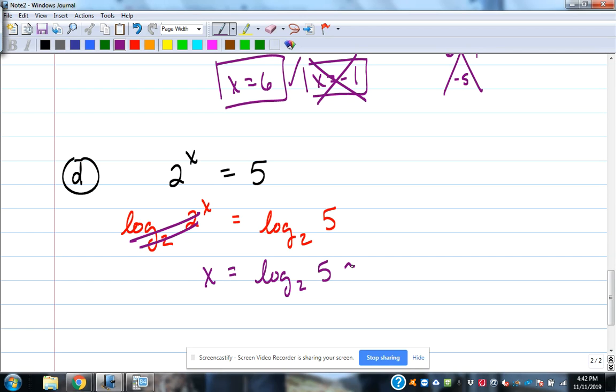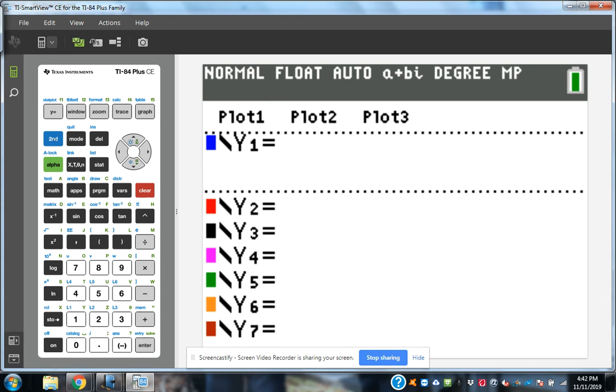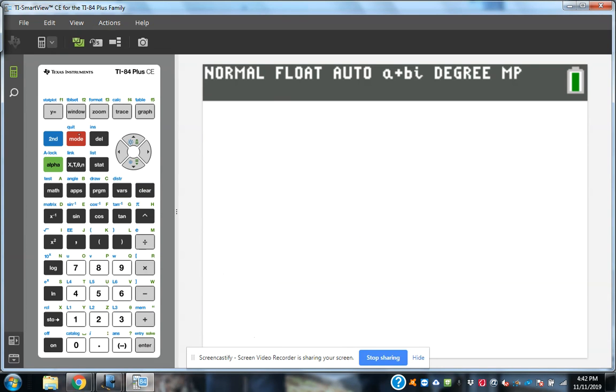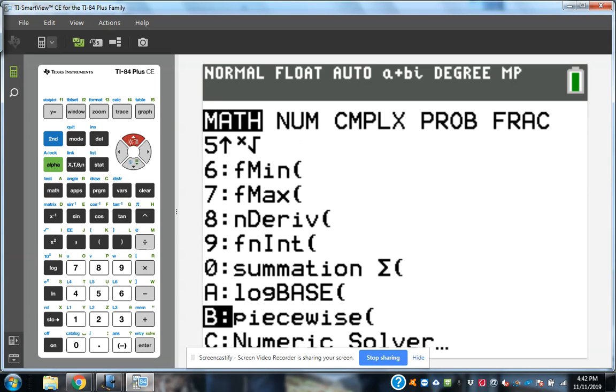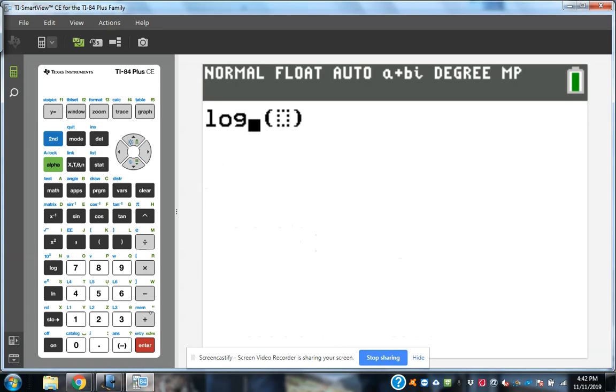So let's find the approximation for that number. With our graphing calculator, we're going to figure out log base 2 of 5. So I'm going to hit math, and then I'm going to go to log base, which I just press the up arrow for because it's down at the bottom. So log base, and then 2 of 5.